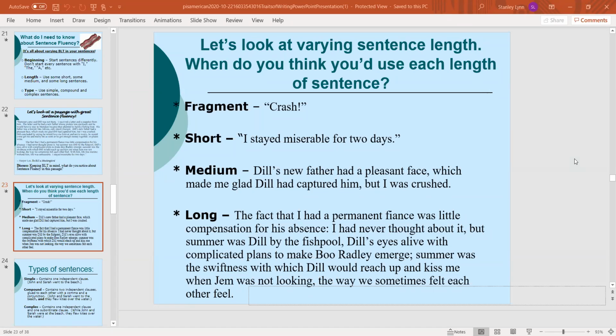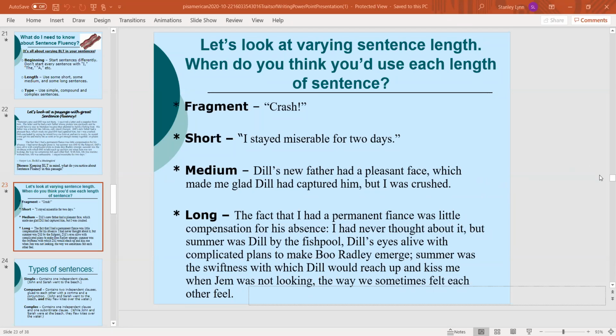"Dill's new father had a pleasant face, which made me glad Dill had captured him, but I was crushed." And the last one is considered to be a long sentence. So don't write a sentence like the medium one and call that a long sentence, because in writing, the last one is considered long.